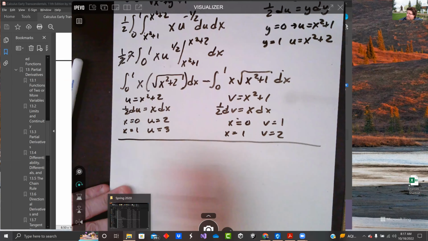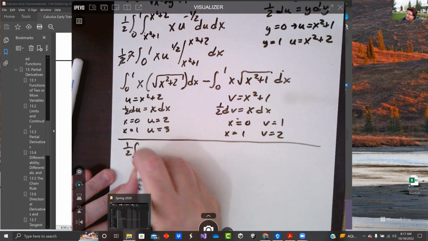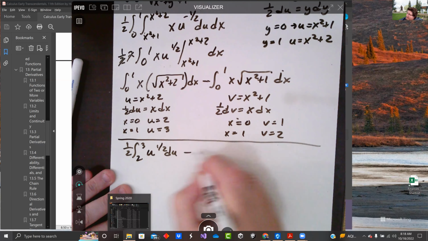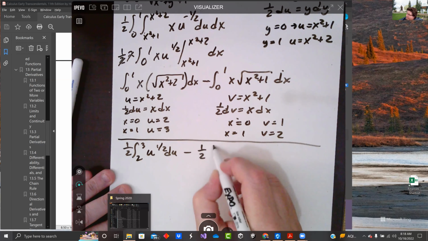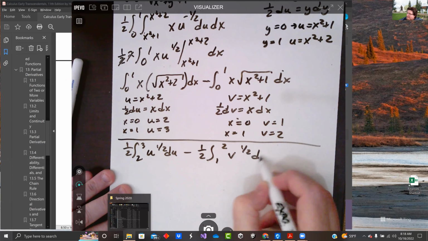So we have 1/2 the integral from 2 to 3 of u to the 1/2 du minus 1/2 the integral from 1 to 2 of v to the 1/2 dv.